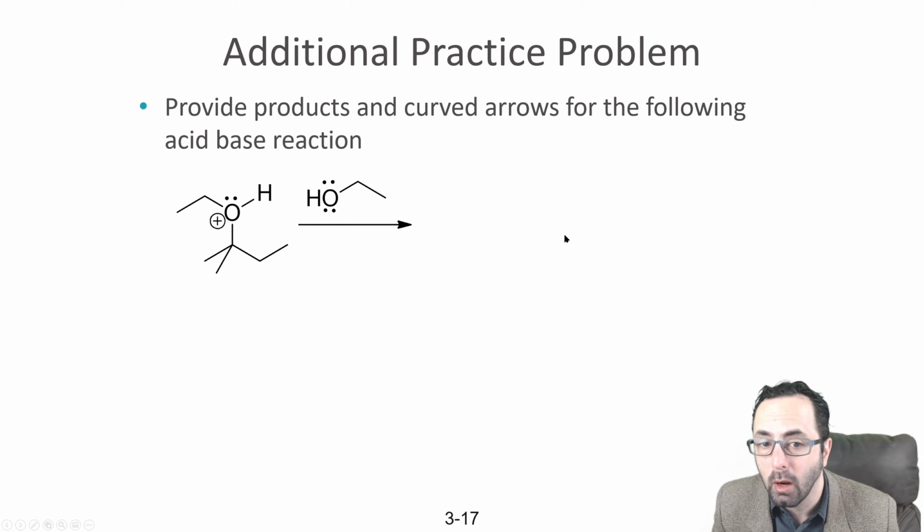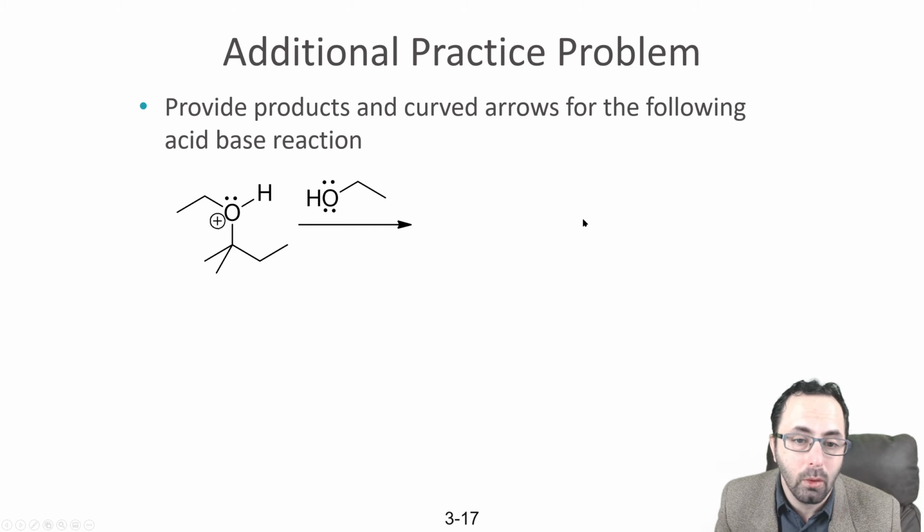So here's another practice problem. Provide the products and the curved arrows for the following acid-base reaction. We would need to figure out which is going to be the acid and the base first. We'll have ways of doing this, but what we're going to see is that this is going to be more acidic. I'm going to do this in a quantitative way by comparing the pKa's. So let's look back.